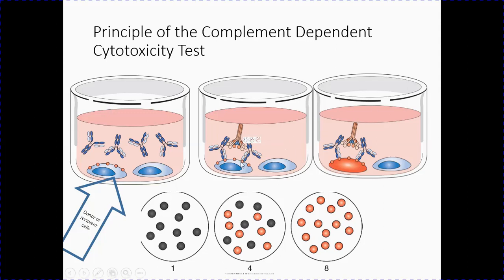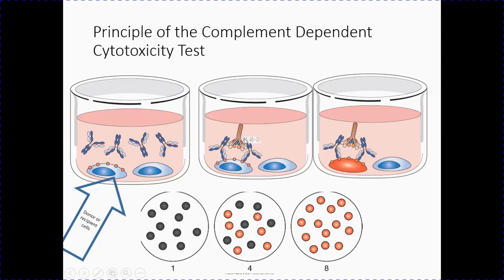So would we see this reaction by itself? No. We know we don't see sensitization, which is an antibody binding to an antigen, and we don't necessarily see this by itself. What do we do then? So we're going to wash this again. We add antibody, let it incubate, we wash it, add complement, let it incubate, wash it.